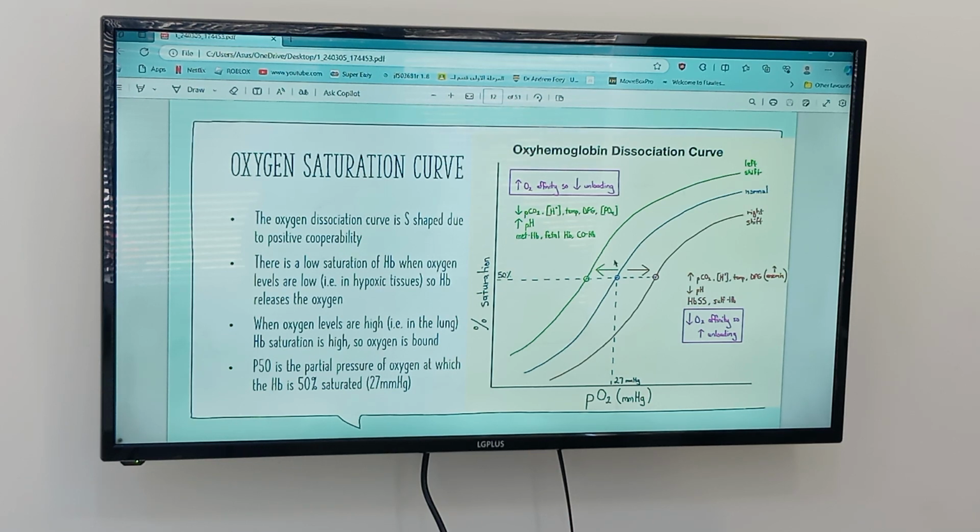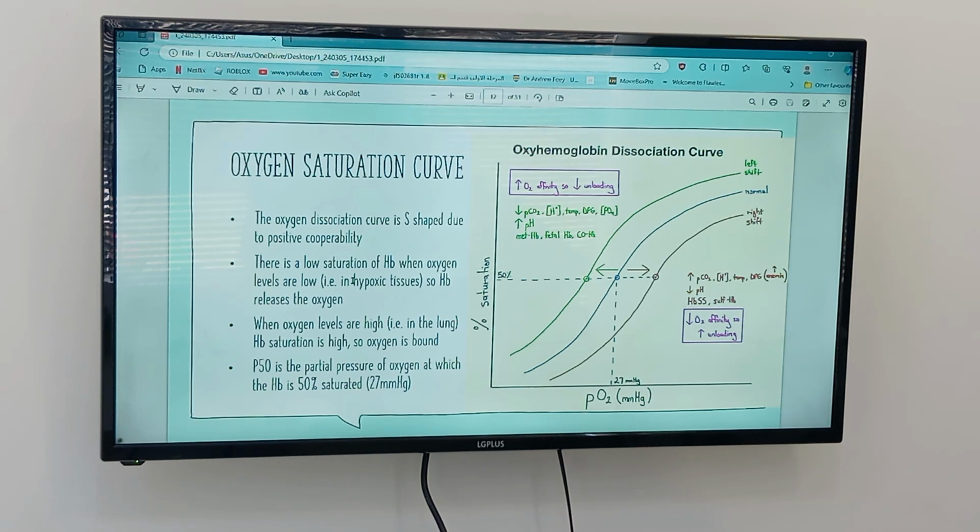Here we can see saturation in percentage, while here is the amount of oxygen. So they drew the curve, the oxyhemoglobin dissociation curve.